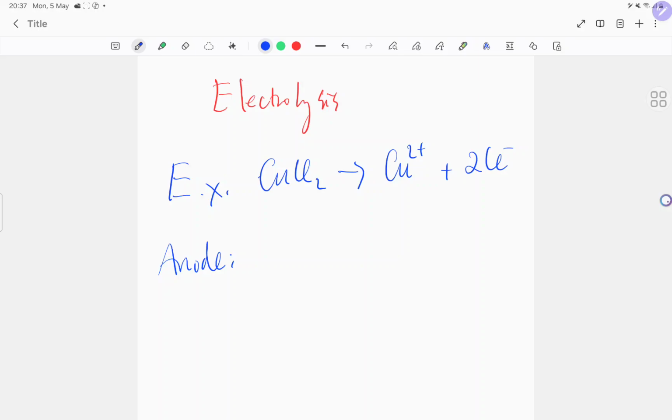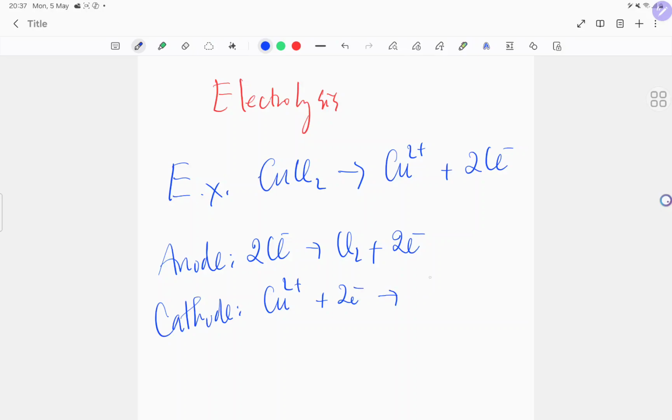But at the anode, the ion that comes to the anode is the Cl minus. It produces Cl2 and loses 2 electrons. How about the cathode? Cu2 plus receives 2 electrons and becomes pure copper. You know this, right?